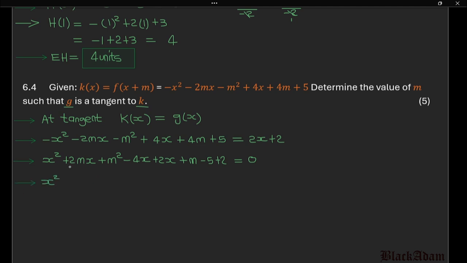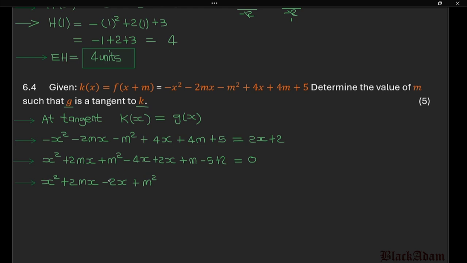So x squared is going to be positive, then minus 2x, and then m to the power 2.